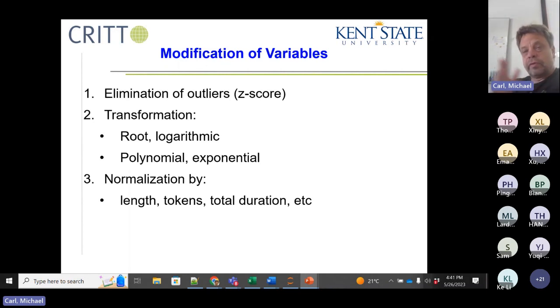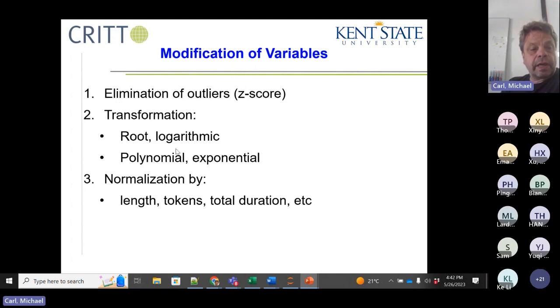So 2 or 3 standard deviations away from the mean, you can consider this to be an outlier. And this also coincides with these box plots. Everything that is beyond the ends of the vertical lines in the box plots would approximately be 3 Z-scores away from the mean.